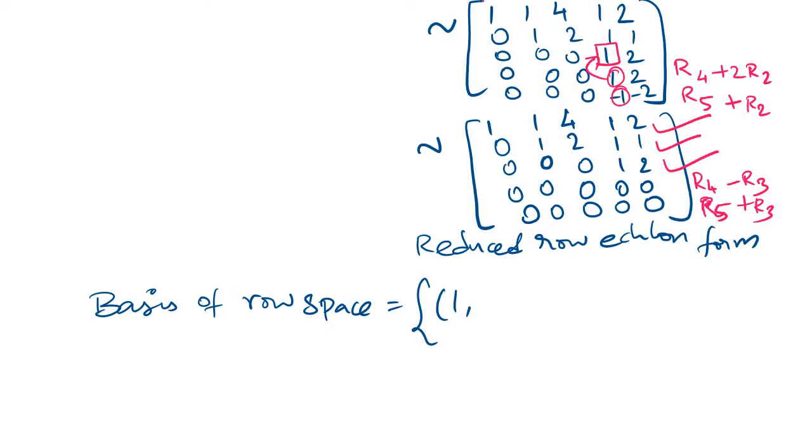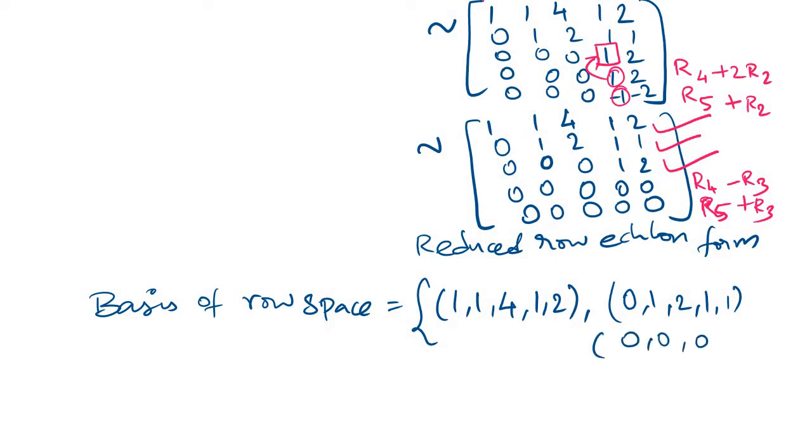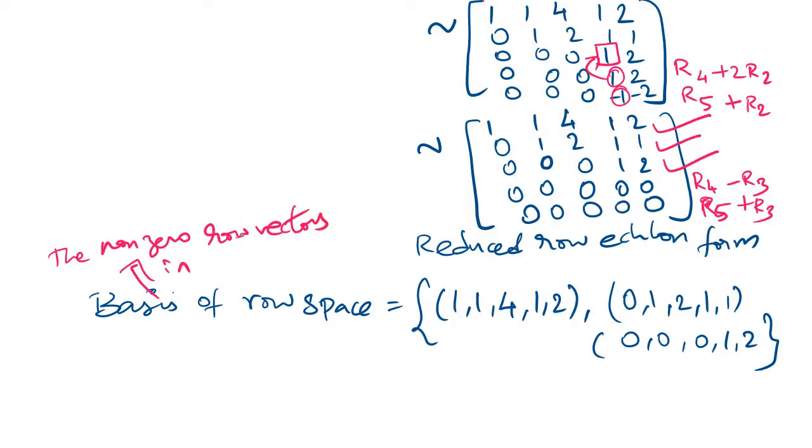We can write the basis of row space as 1, 1, 4, 1, 2. The second vector is 0, 1, 2, 1, 1. And the third vector is 0, 0, 0, 1, 2. So we can say the basis of row space is nothing but the non-zero row vectors in echelon form.